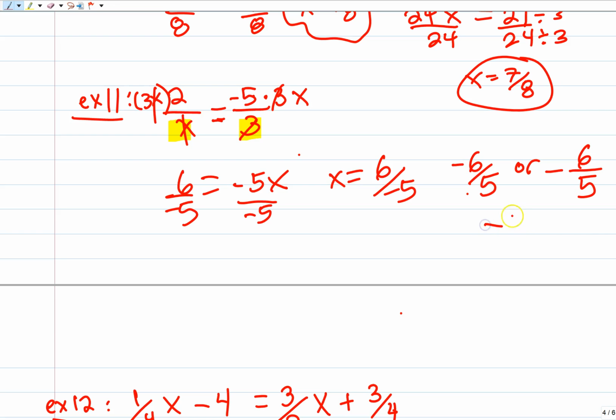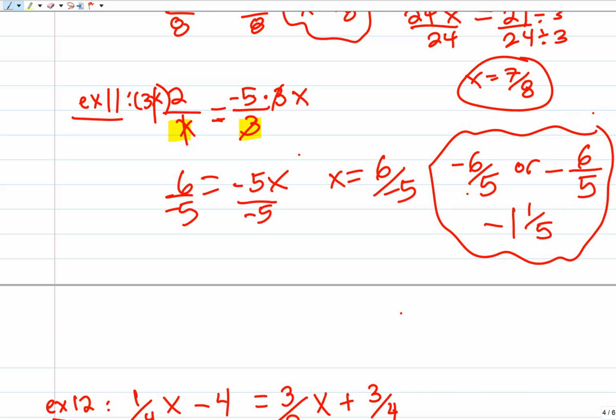Or negative 1 and 1/5. Do not leave the negative in the denominator. Mathematically, it's the same stinking answer. But remember, when we're dealing with mathematics and we have to give things common denominators, do you want a negative in the denominator? It's complicated. So stylistically, we either put it on the top or on the side. Okay?